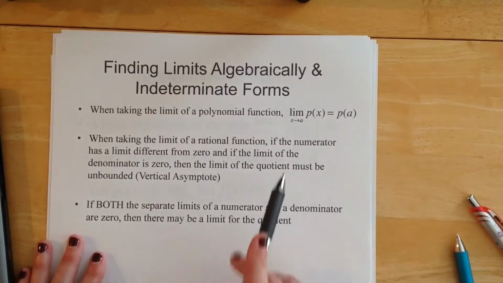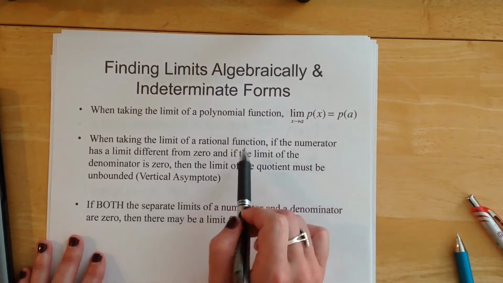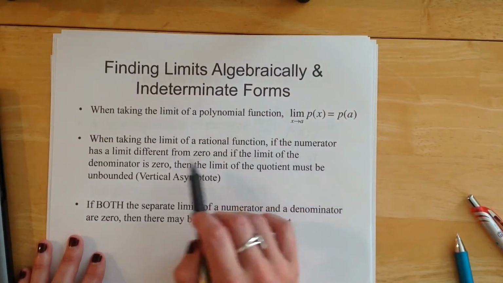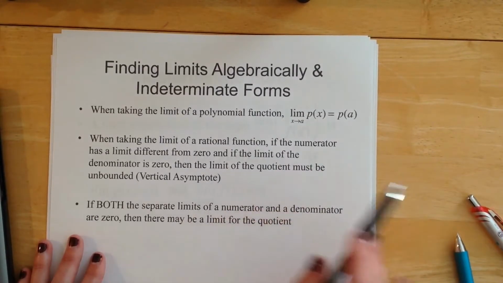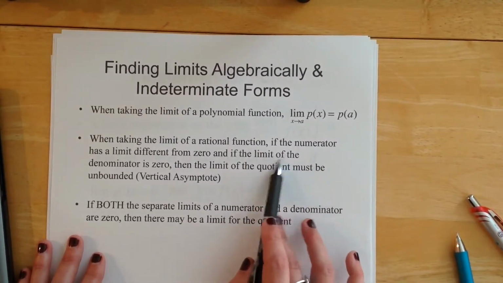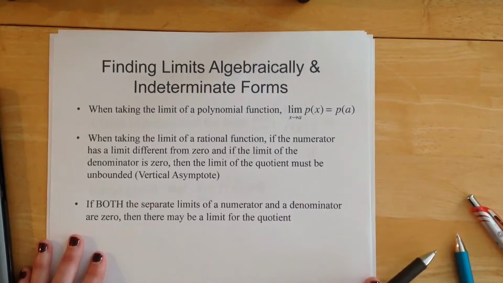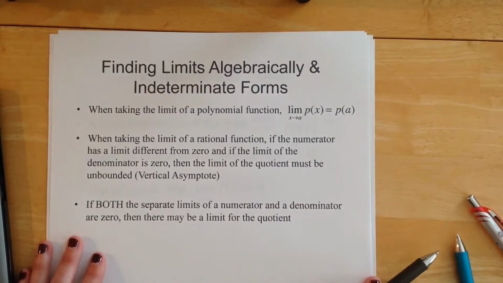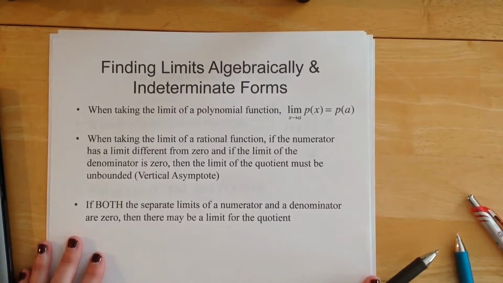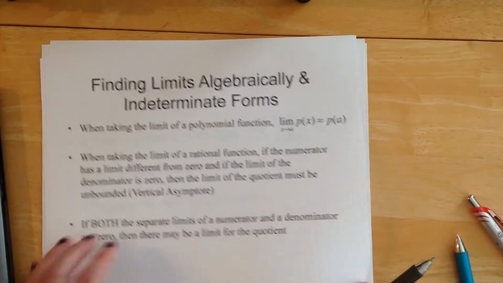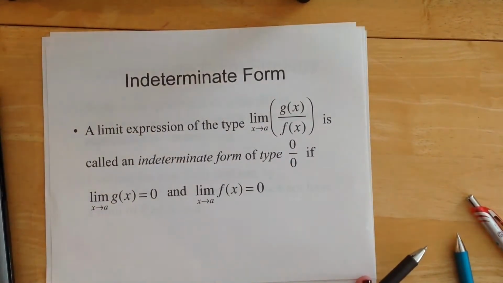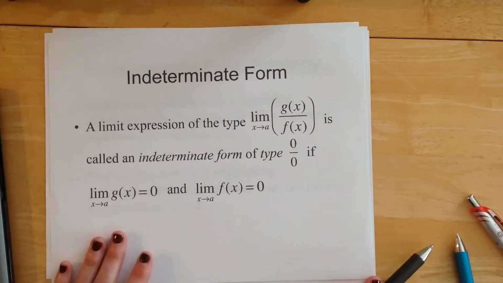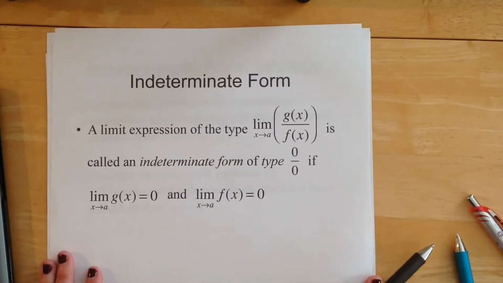But the limit could be positive infinity, negative infinity, or if the one-sided limits do not agree, it could just be DNE, does not exist. But you have to think about the graph here. If both the limits of the numerator and the denominator are equal to 0, there might be a limit. But that's a type of indeterminate form.